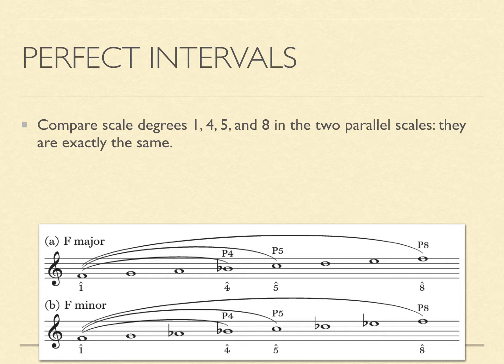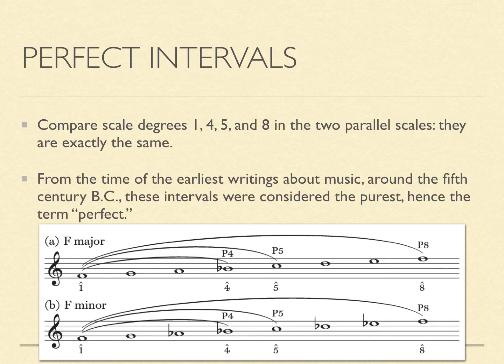So in our example here, we have F major and F minor, and from Do to Fa, the fourth, is a perfect fourth. From Do to Sol is a perfect fifth, and Do to high Do, perfect octave. It doesn't matter if you're in major or minor, doesn't matter what type of minor, it will always work out that way.